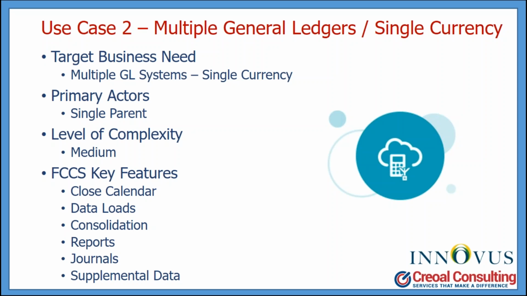From that, you'll get automated emails, task reminders, and notifications about what you need to do to close your books. You also get tools for data loads, bringing your data in from Excel or another mapping engine into the tool, consolidations, advanced reports and journals, and then of course some supplemental data as well.